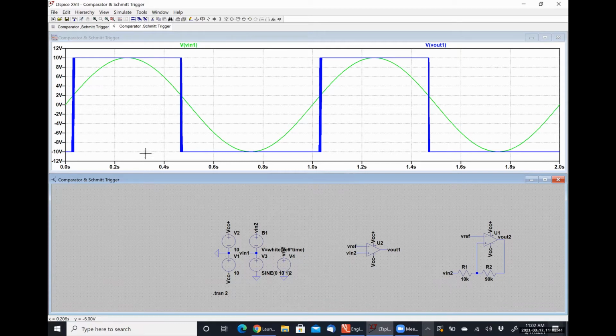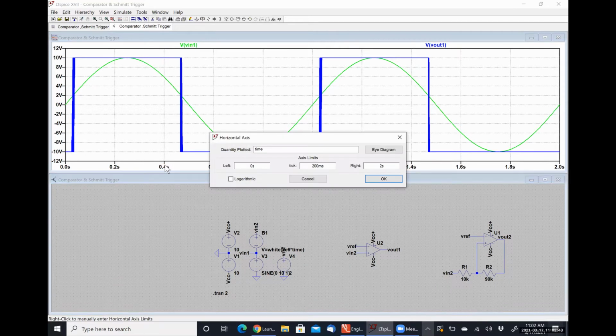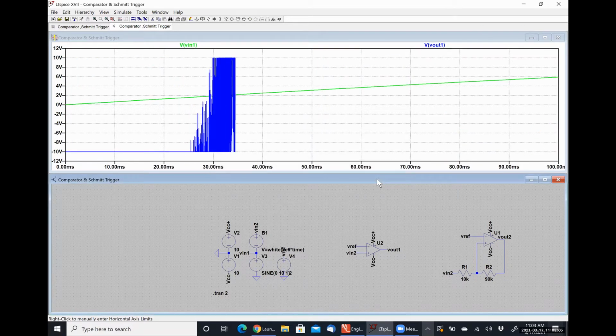So I'm going to zoom in real quick here. I'm going to change this to 0.1 and make this one 10. And I think that should capture it.